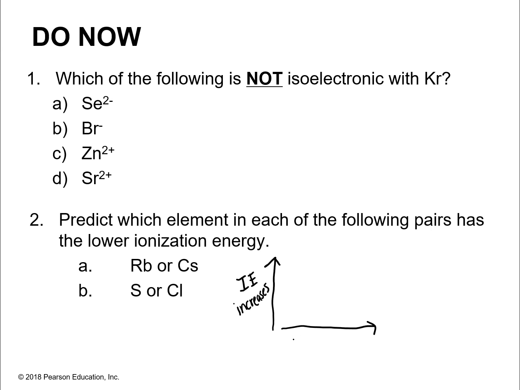And as you go from left to right across a period, same deal. Ionization energy increases. So for A, rubidium and cesium are both in the same group. So the one with the lower ionization energy is going to be the one that's closest to the bottom. That's going to be cesium.